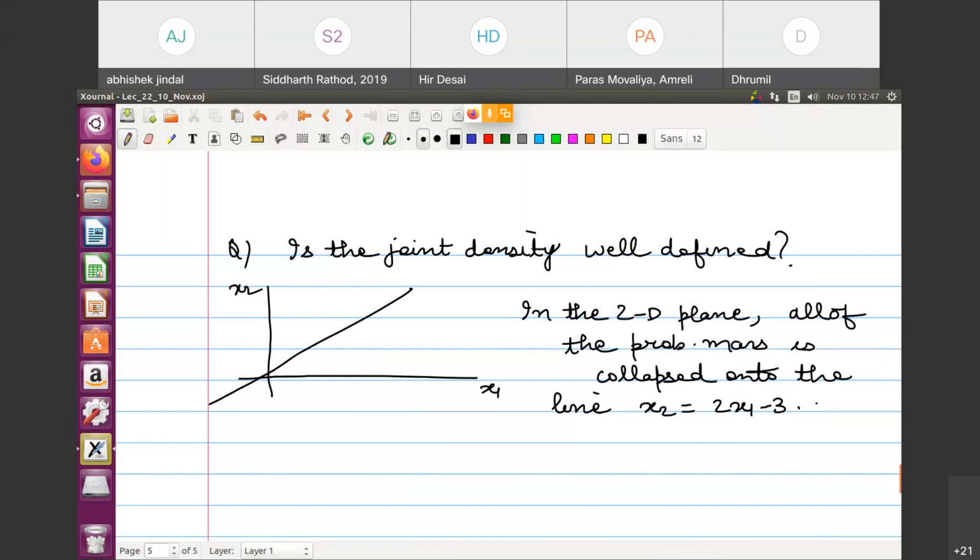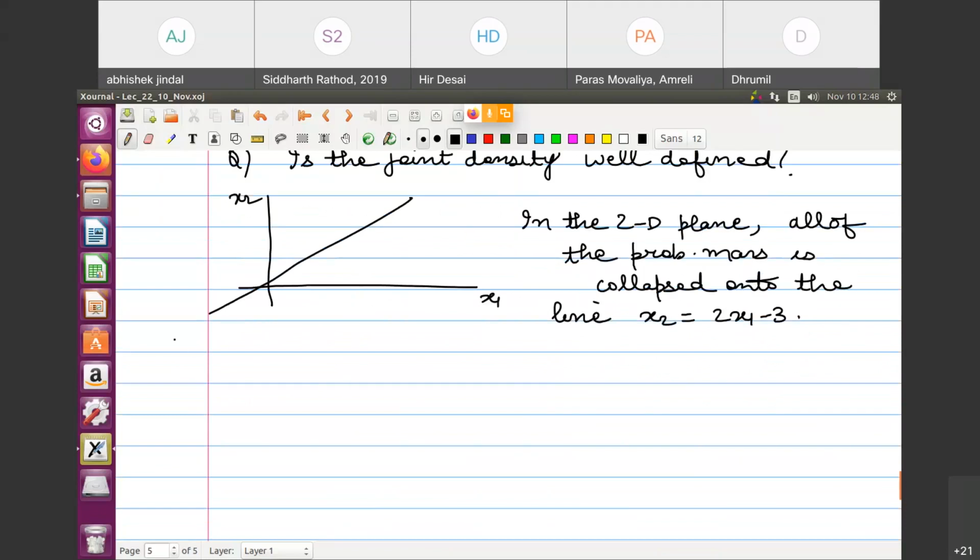So one thing is this. Basically, you require delta functions in this case, but I am not going into why the density cannot be defined. Instead, I am writing a simple explanation.